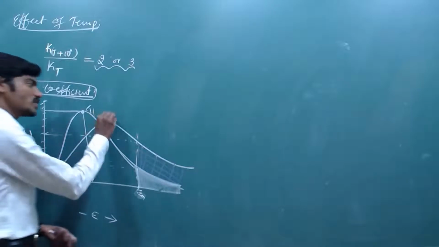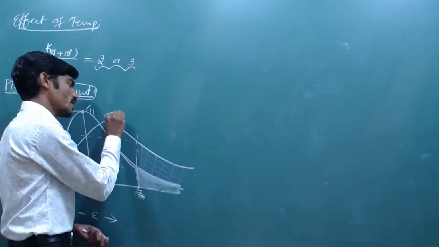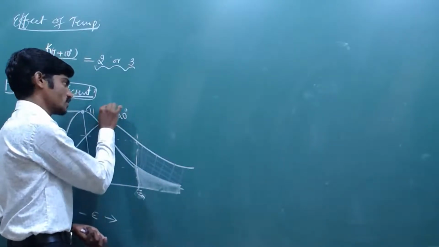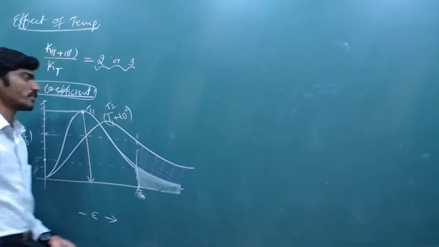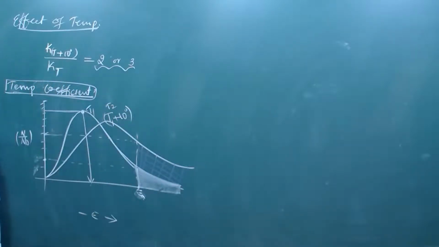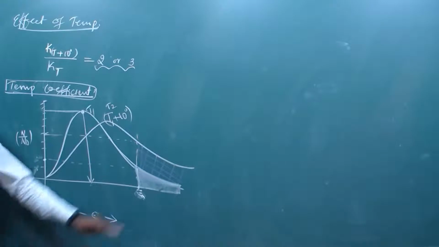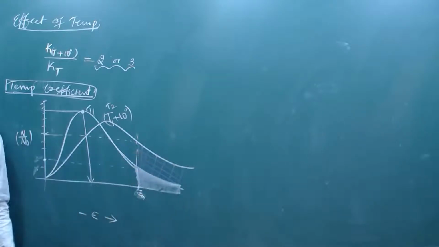So when temperature is increased by 10 degrees Celsius, to T2, T2 is equal to T1 plus 10 degrees Celsius, then the rate of reaction nearly doubles.